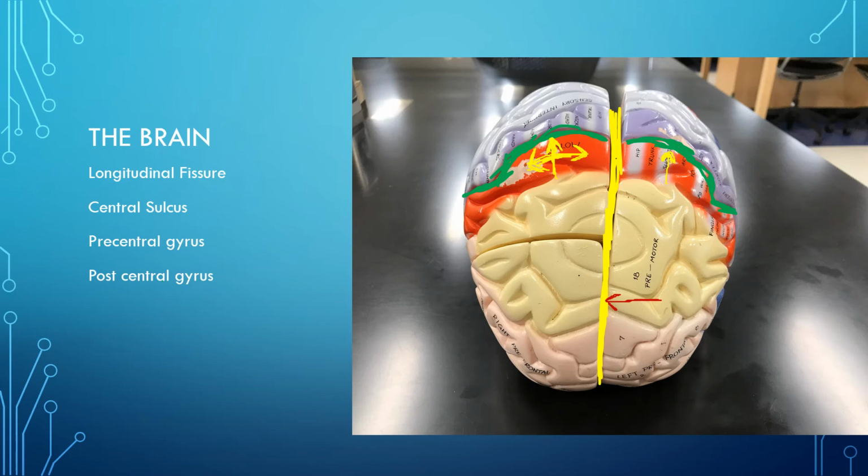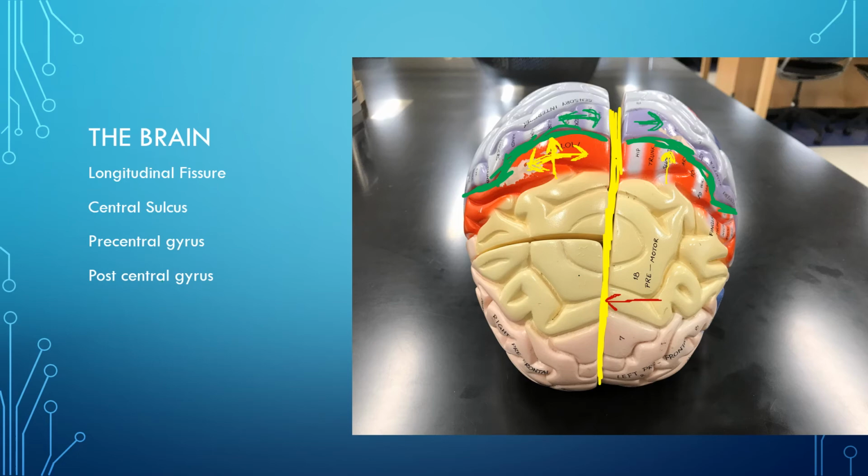The postcentral gyrus is back here. It's this purple band, just posterior to the central sulcus. So you can see it here. Probably shouldn't have used green for that, but I hope you can see this. It goes across both hemispheres.